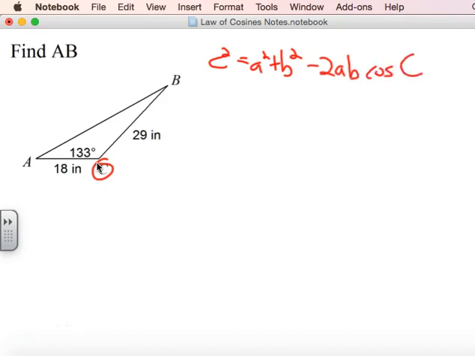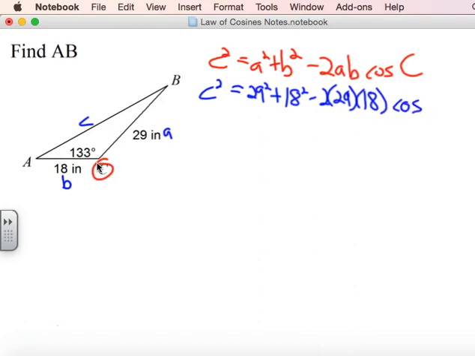Okay, so let's plug in the info we've got. We don't know little c. Little c is right here, so that's going to be c squared. Little a is right here, that's 29 squared. Little b is right here, so that's 18 squared. Minus 2 times 29 times 18 times the cosine of c. Well, we know that. That's big C, angle C, which is 133 degrees.